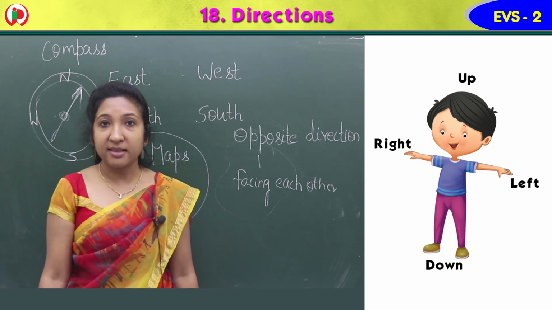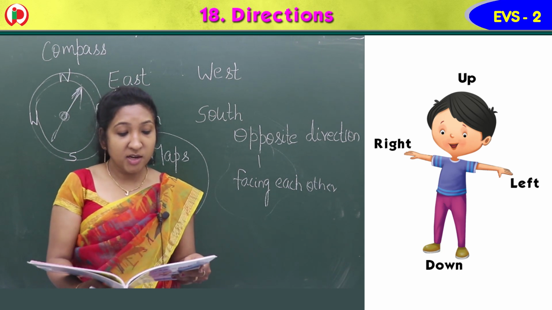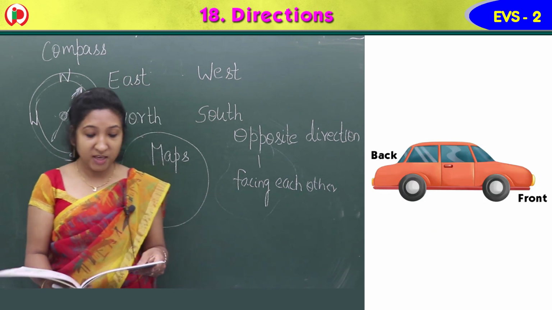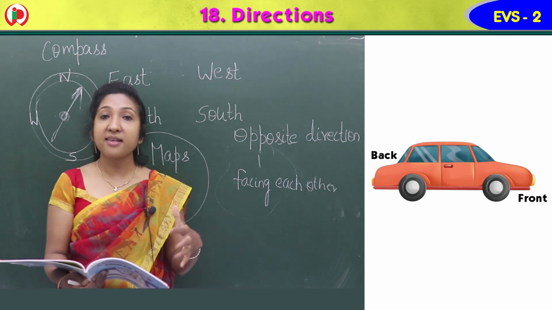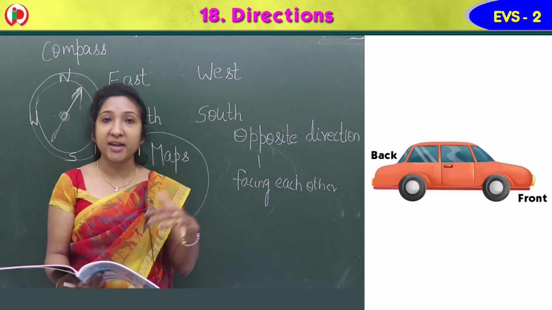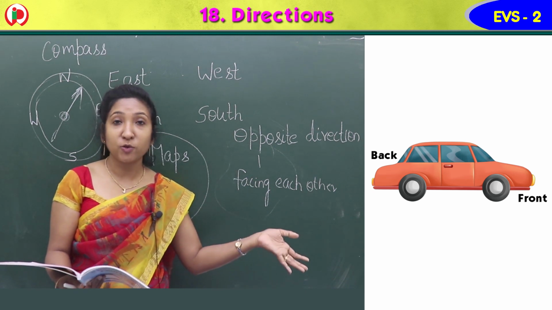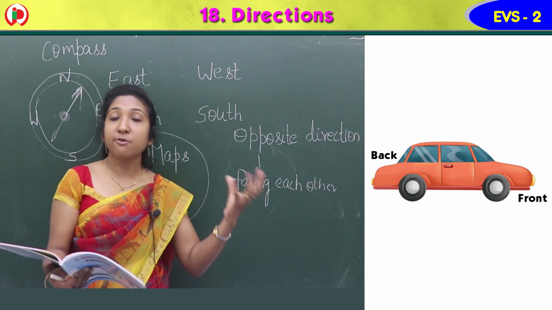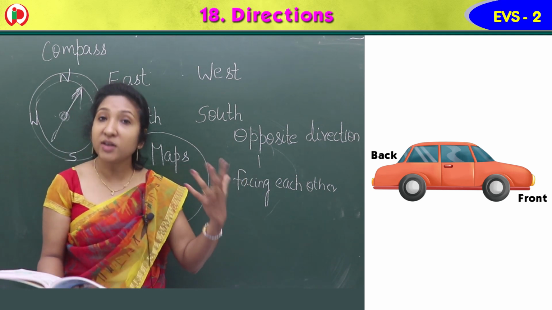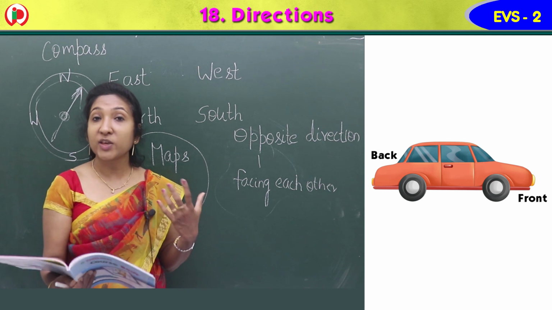There you can see another image of a car. A car has back as well as front. Back side of the car, front side of the car also you know. So back, front, these are also directions. Okay children?